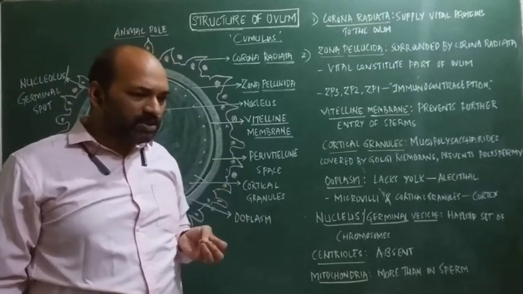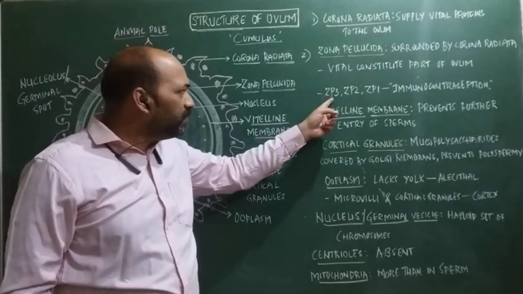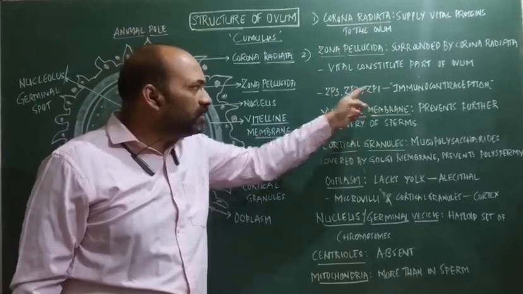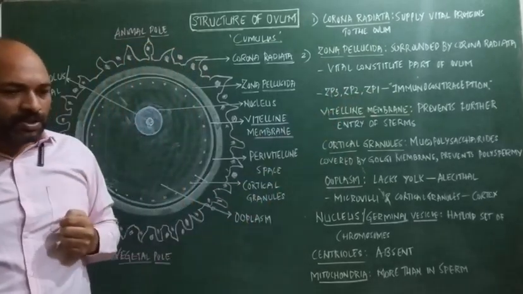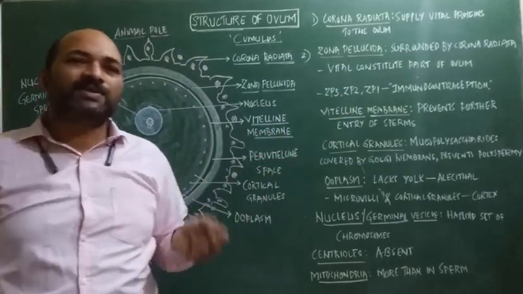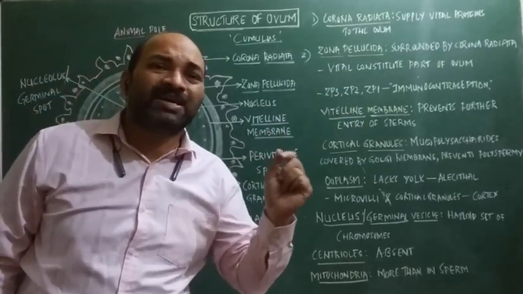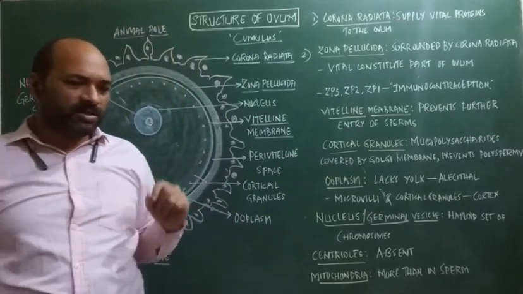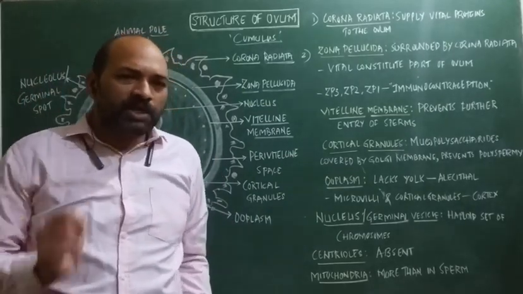Those proteins are ZP3, ZP2 and ZP1. These three proteins are the targets for immunocontraception. Now what is this immunocontraception?